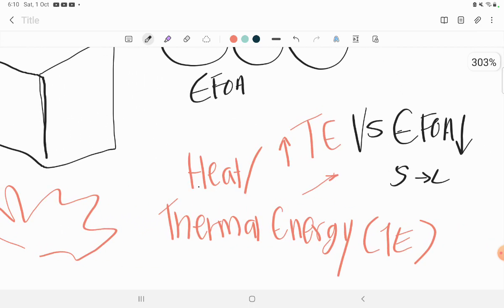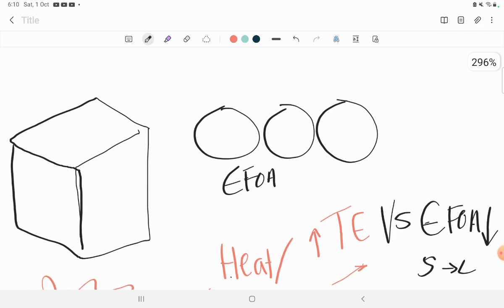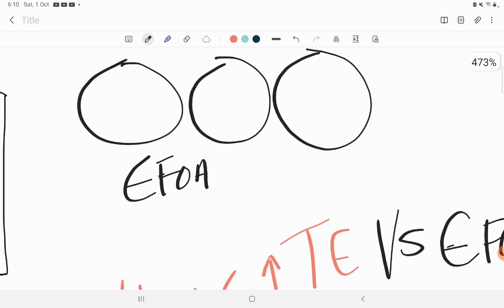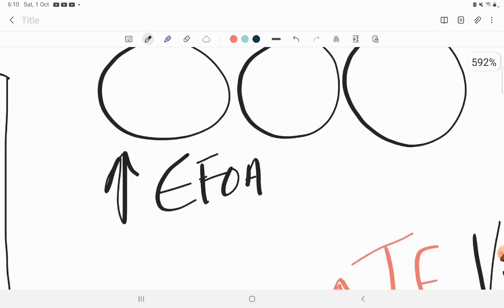However, ionic compounds, like what I said earlier, have very strong electrostatic forces of attraction. Very strong, I put two arrows.